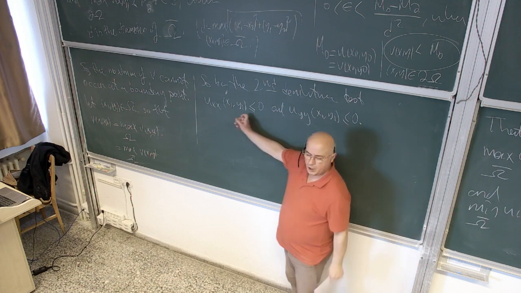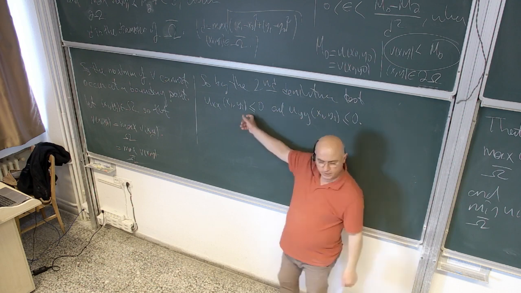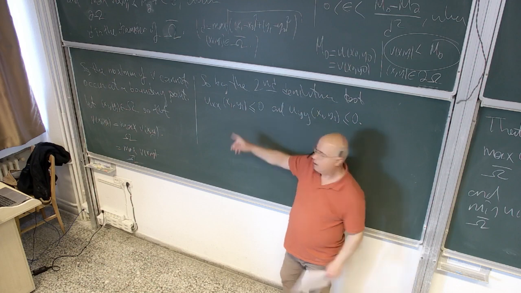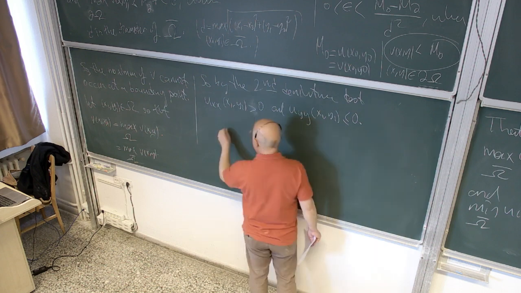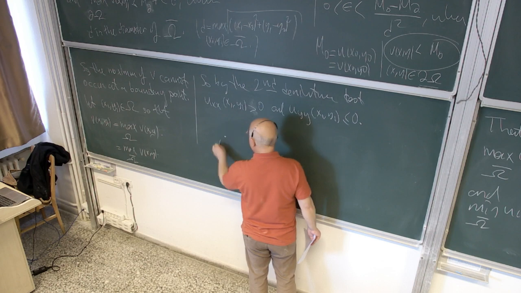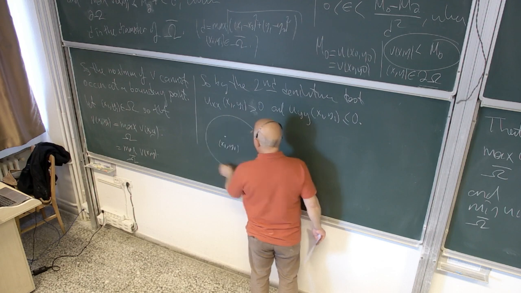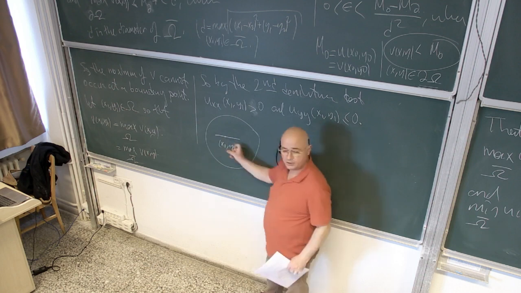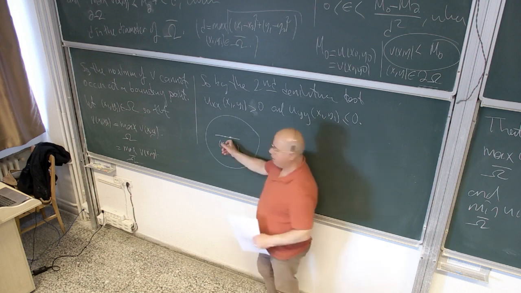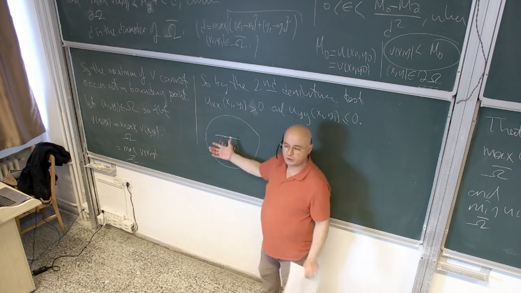Değil mi? Çünkü if they were positive, then the function would be strictly increasing at this point in that direction. So if this was, let's say, positive, so you are at this point x1 y1, and this point is away from the boundary. Therefore, you have some interval like this, and this implies that your function is strictly increasing. Therefore, at a nearby point, it will take a bigger value, but that's a contradiction. Okay?